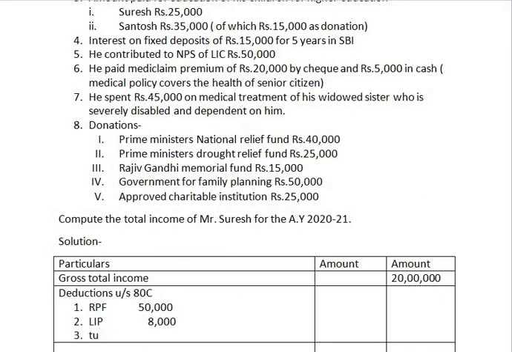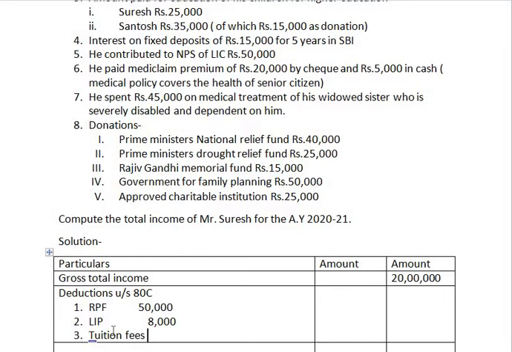Next, tuition fees. Here, he has two children, Suresh and Santosh. For one child he has paid 25,000. For Santosh he has paid 35,000, which includes donation of 15,000. So 35 minus donation, balance amount is 20.